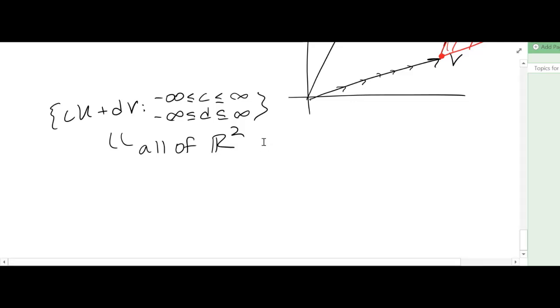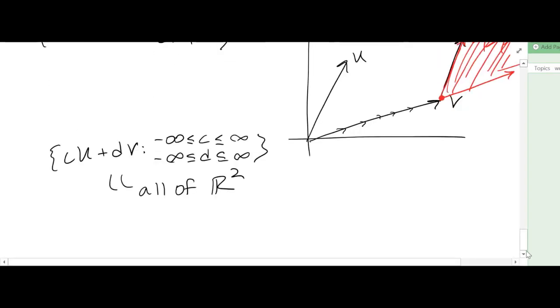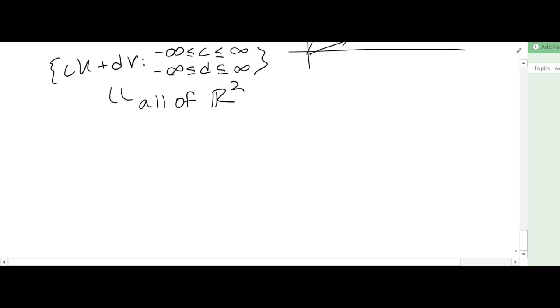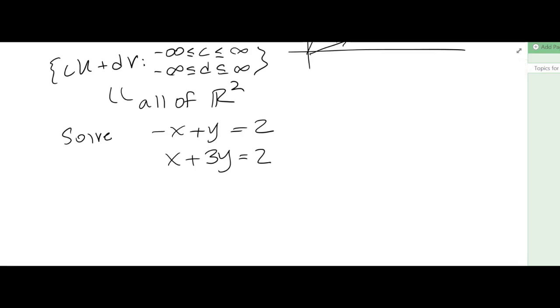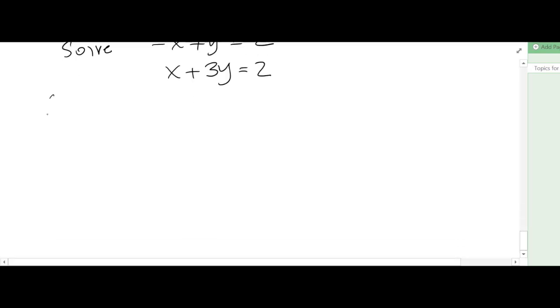So let's talk about row picture and column picture. Let's say we want to solve some system of equations, negative x plus y equals 2, and x plus 3y equals 2. There are two ways they want you to think about the solution to this problem. The first way is probably familiar, the row picture.